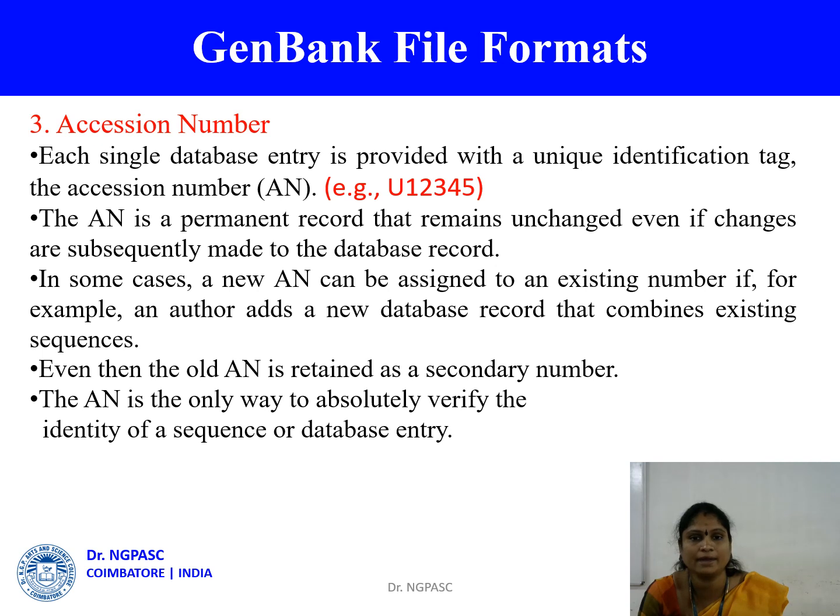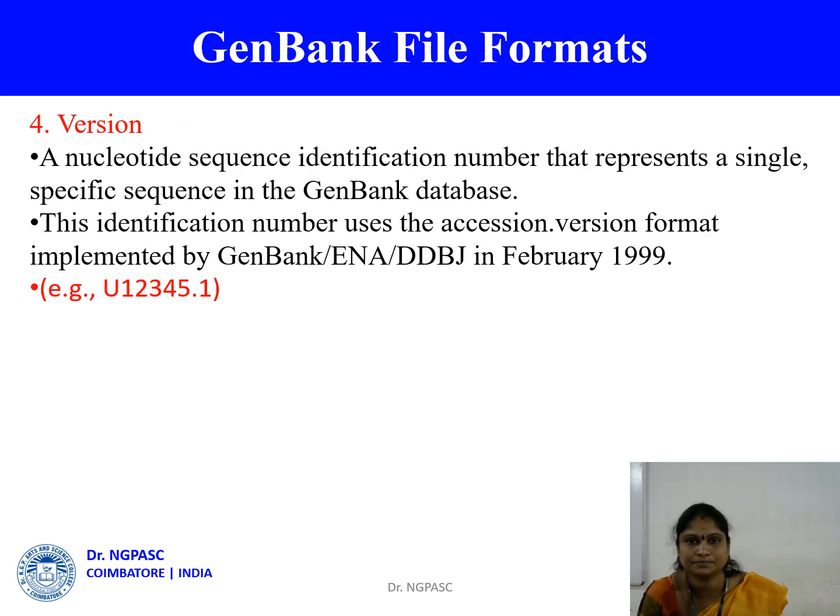AN is the only way to absolutely verify the identity of the sequence or the database entry. So through this accession number, we can retrieve all the data and compare it. If it is represented again, it means some modifications have been done in it.